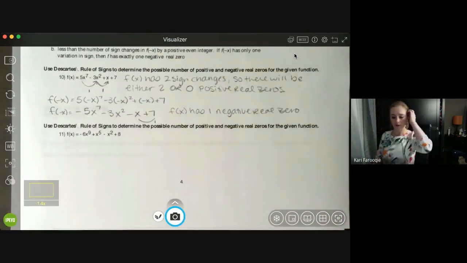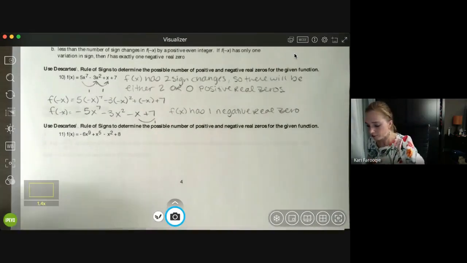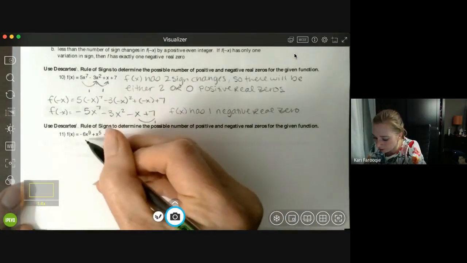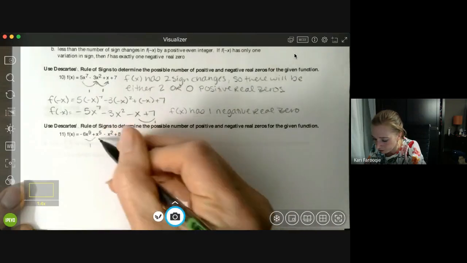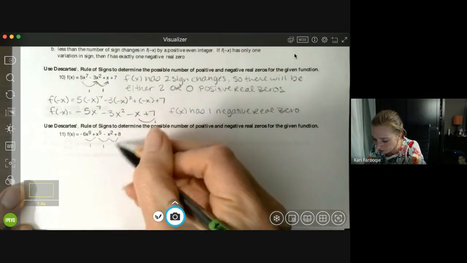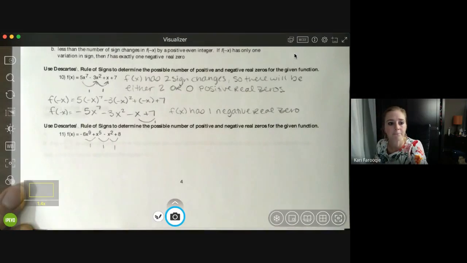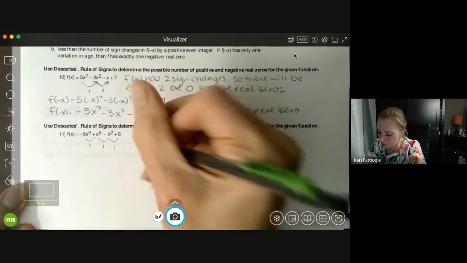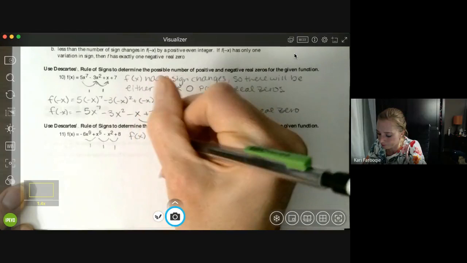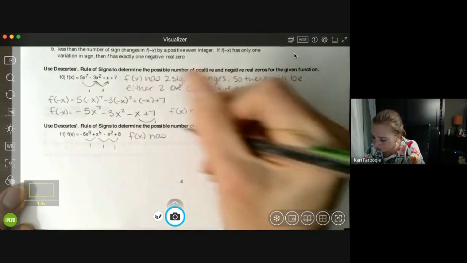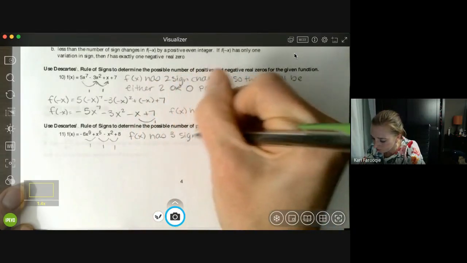Number 11, same idea. So look at the sign changes for f of x. There's one, there's another one, and there's another one. So we would say that f of x has 3 sign changes.